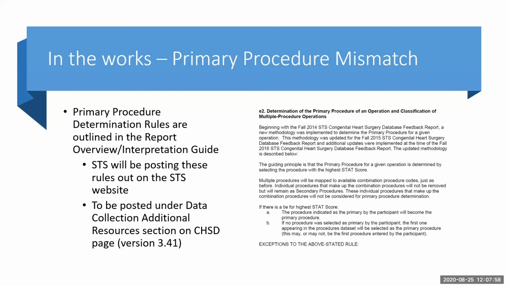I do plan to have that posted by the end of this week, sooner rather than later. Actually, I'd like to try and get it over to marketing today for posting, if at all possible. This document will be posted under the data collection, under the version 341 data collection resources, under the additional resources section of the congenital webpage.